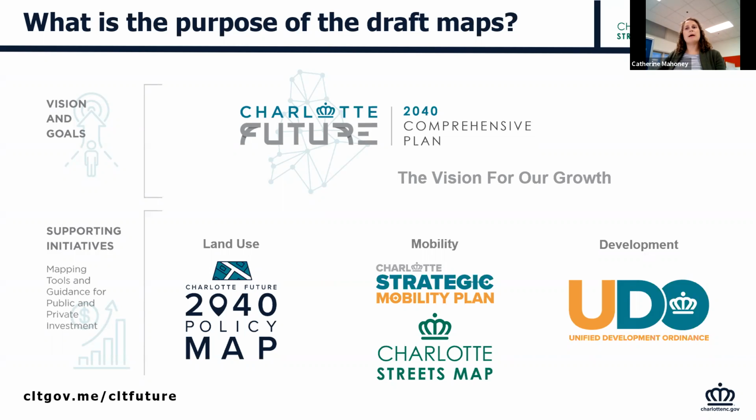The Charlotte Streets map is going to provide direction for our multimodal vision, along Charlotte's arterial streets, helping to connect the places we live, work, and play. And then the Unified Development Ordinance is going to consolidate and update the city's land development regulations into one document and align them so that they better implement the vision of the plan.